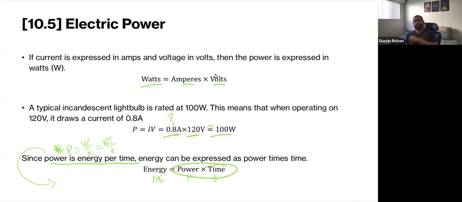This, power times time, is how the electric company sells you your energy. Normally power is in watts and time is in seconds, so we could call this energy, and you could say the units are watt seconds.